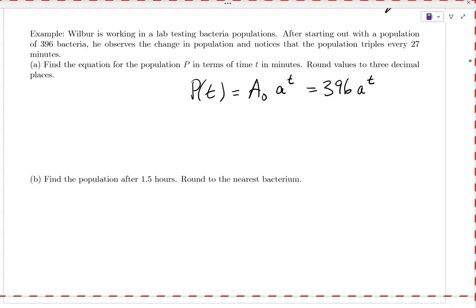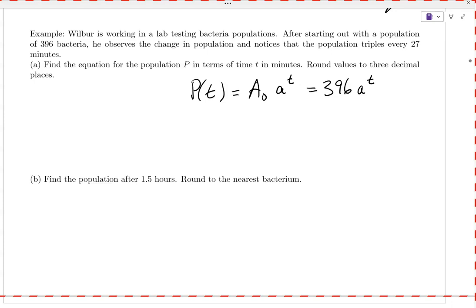If I plug in 27, what should I get out? It says it triples every 27 minutes. So if I plug in 27, the minutes, what should I get out? Not quite 3, but the 3 is a goal.